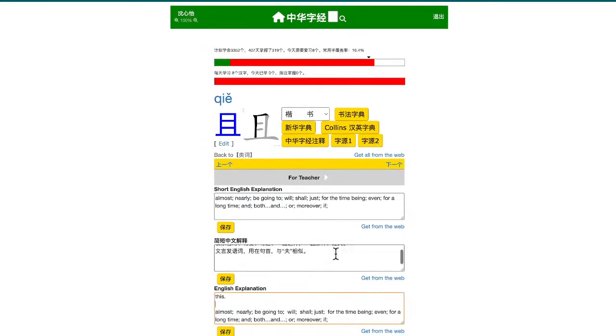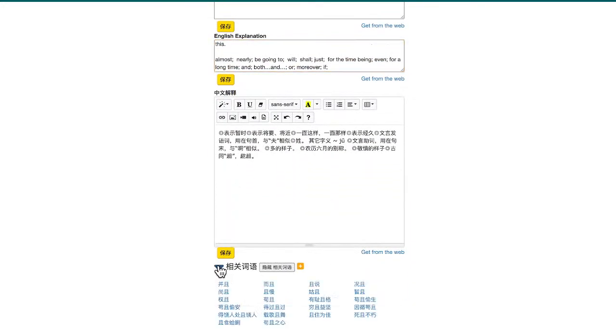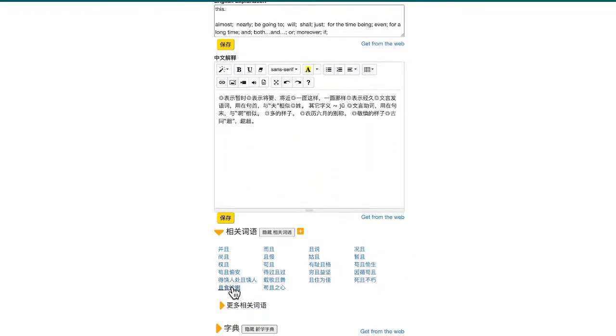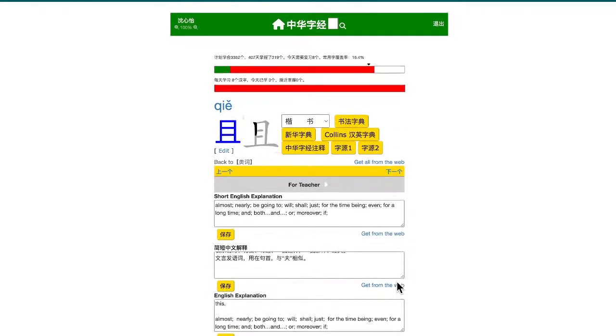This is quite common. In modern Chinese there are common words with this character, like 并且、而且、况且、尚且、且慢、姑且、暂且. These are very common words.